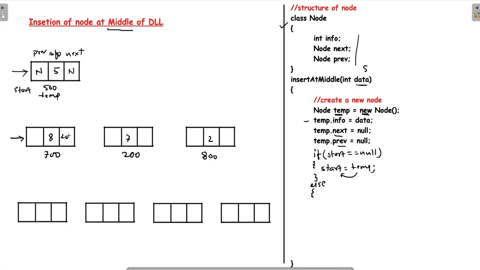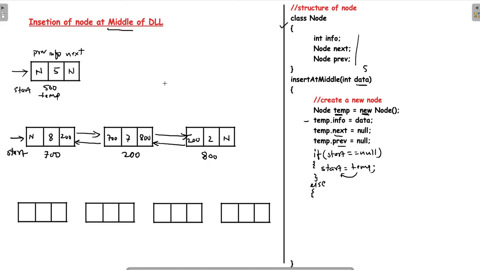Here 200, so this node will be pointing to this, and this will be 700, so it is pointing to the previous node. It is 800, so it will be pointing to this, and to this we have to write 200 here. The last node will contain the next field as null, and the previous field of the starting node will be null. So we have an existing list.